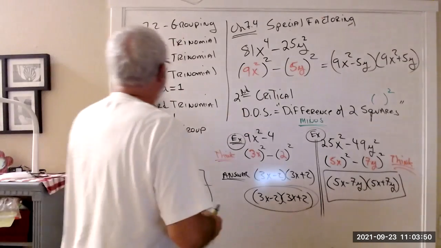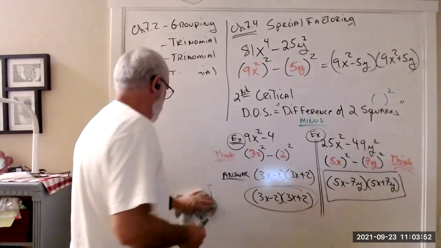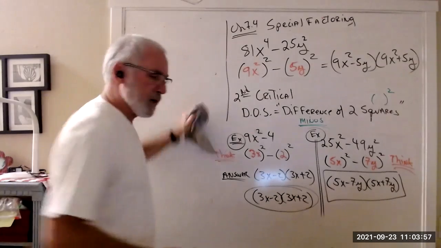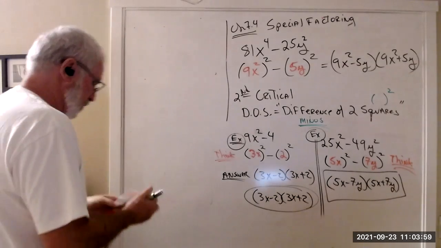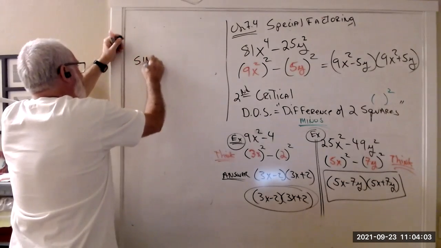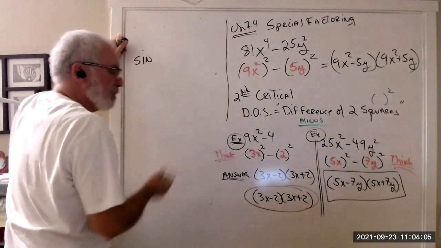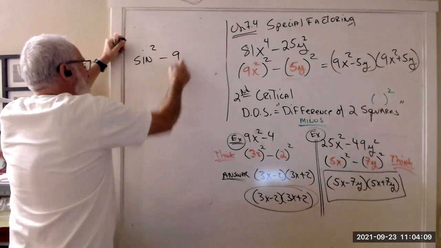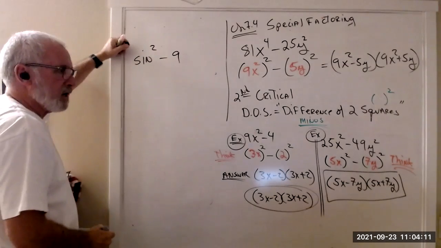The other day, yesterday, I tried to give you a little bit of trigonometry. And I talked about something called sine, only we write sin. Sine squared minus 9. You'll be doing a lot of this.